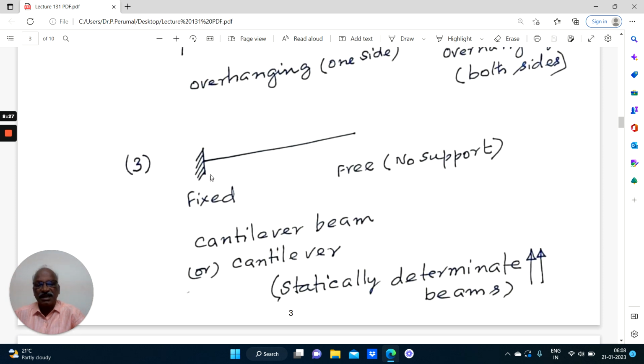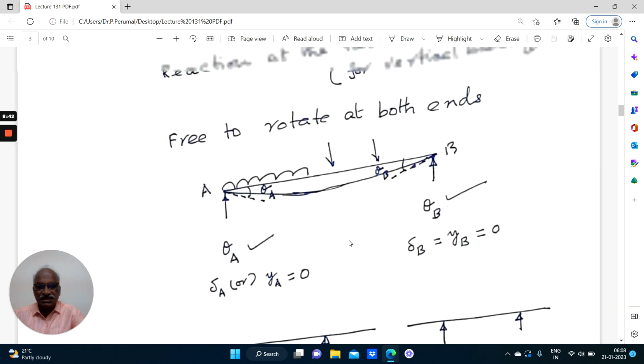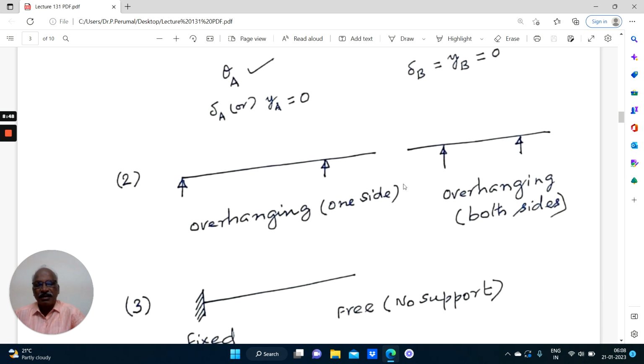So this is a cantilever, one end fixed and the other end free. It is free, that is, no support. Here it is fixed. This is called a cantilever beam or cantilever. So these beams we have discussed so far, namely simply supported, or beam with one side overhang, or beam with both sides overhang, or a cantilever.